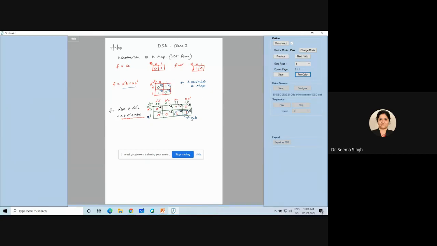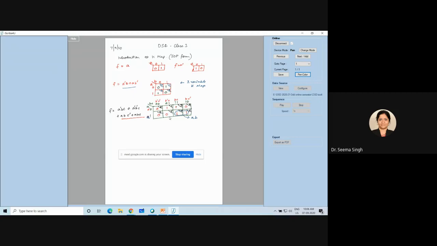So non-common things we drop, common things we retain. AB was common, we retained, and C bar was not common, we dropped. In Boolean algebra, you would have taken AB common and C bar would have been dropped. The same thing is happening, but in K-map form.